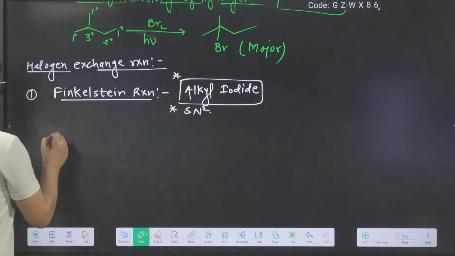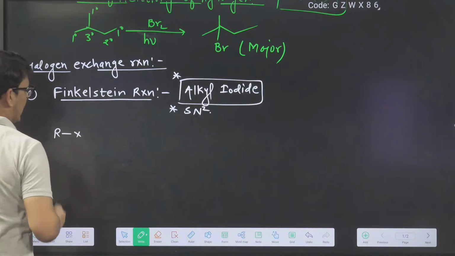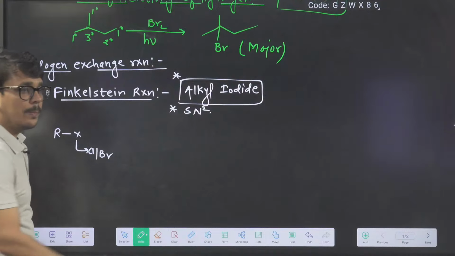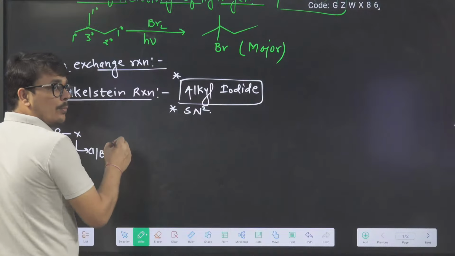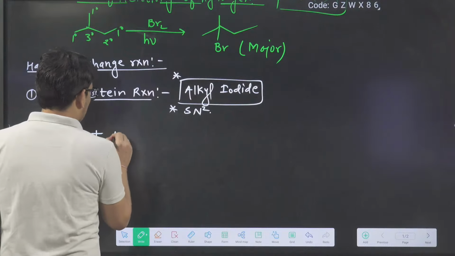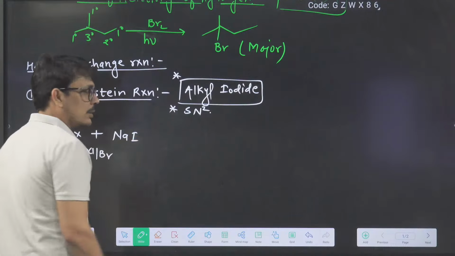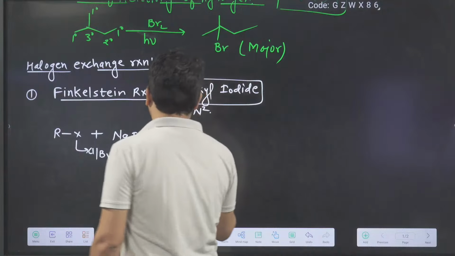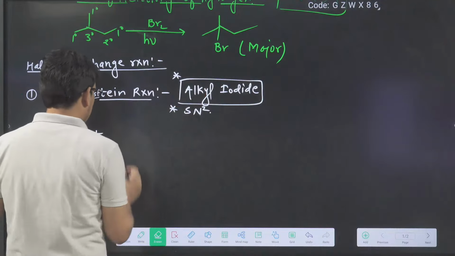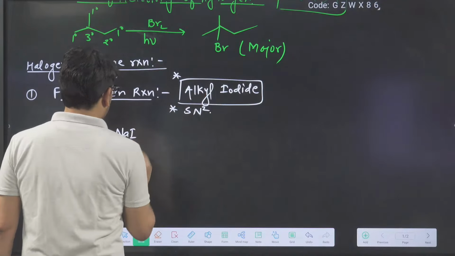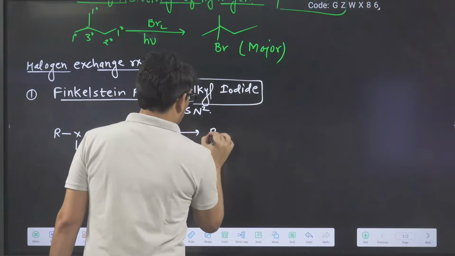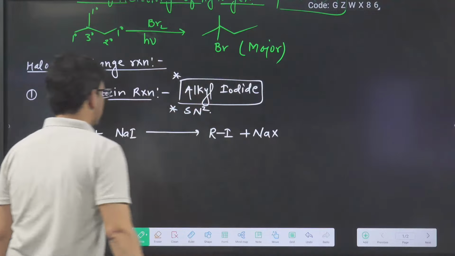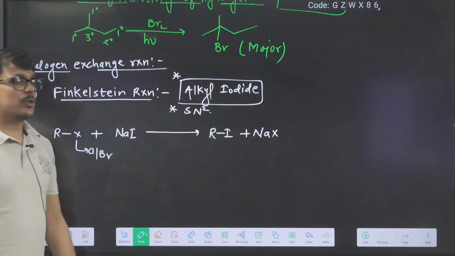So in this case, what do we need? Let's say RX, where X may be either chlorine or bromine, reacting with NaI. When this reacts with NaI, you will get RI plus NaX.